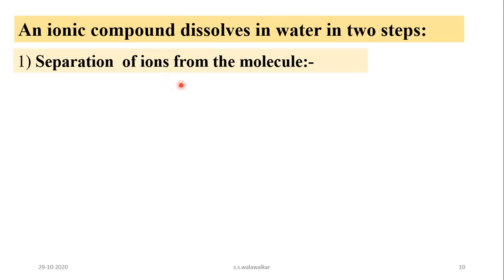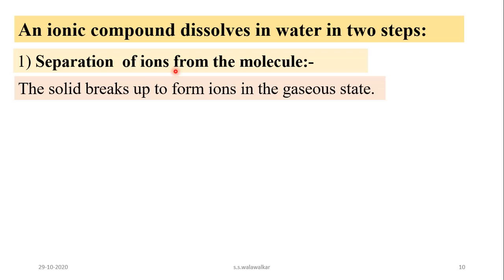You know that in ionic solids, ions are held together by strong attractive forces, interionic forces between them, and to break these forces energy is required, and this energy is called the crystal lattice enthalpy. So the first step during dissolution of an ionic compound is the separation of ions from the molecule.